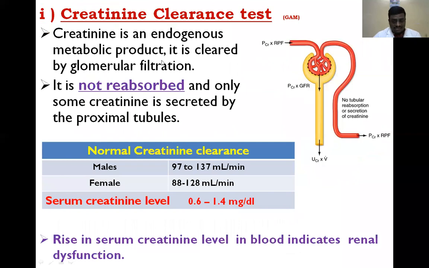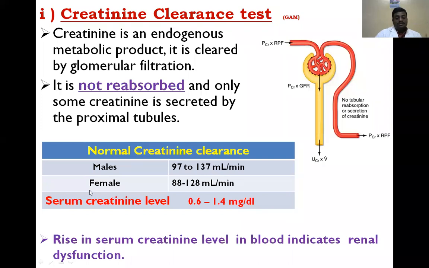There are three clearance tests: creatinine clearance, urea clearance, and inulin clearance. First, the creatinine clearance test. Creatinine is not reabsorbed by the renal tubules; it is completely excreted. Normal males have 97 to 137 ml per minute, and females have 88 to 128 ml per minute.